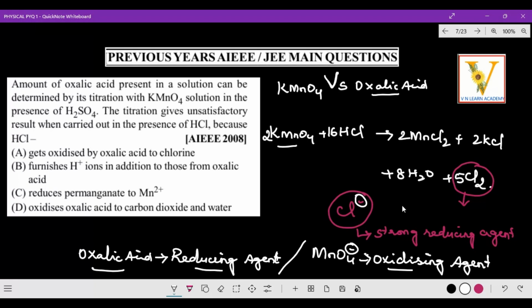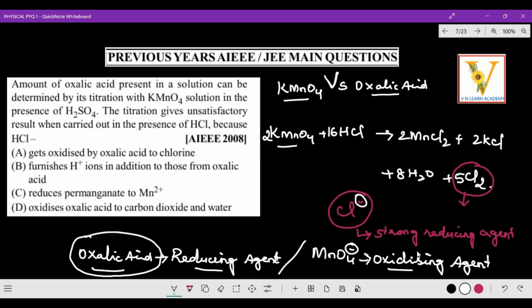Suppose you are using HCl, the Cl minus ion also acts as a strong reducing agent. Actually, we have to find out the strength of oxalic acid, because this is a known solution and this is the unknown solution. From known to unknown only we have to identify, but we cannot find exactly the strength of the oxalic acid solution, because both act as strong reducing agents.